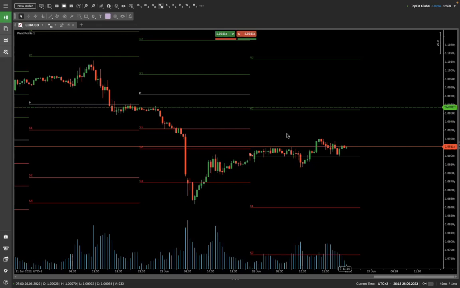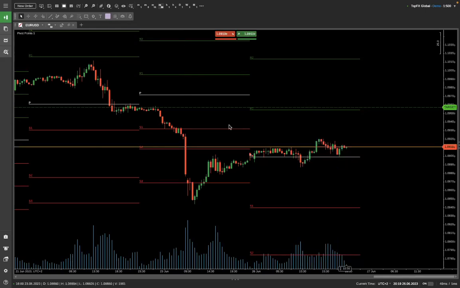This is just mathematics, and every trader will have the same pivot points on the same chart, which is why the pivot point might be a very nice foundation of your trading system. So let's find out the other pivot points on any other markets.